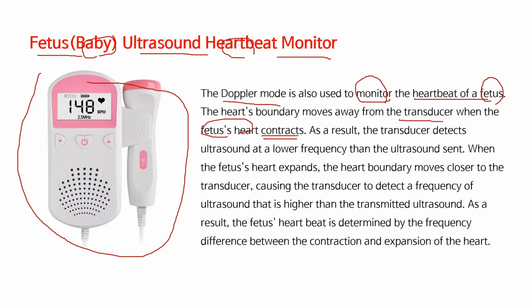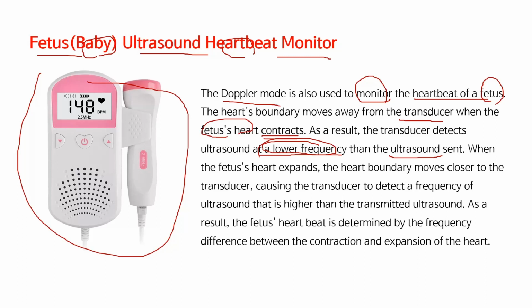As a result, the transducer detects ultrasound at a lower frequency than the ultrasound sent. Okay? Because the boundary is moving away from the source, we can detect a lower frequency.